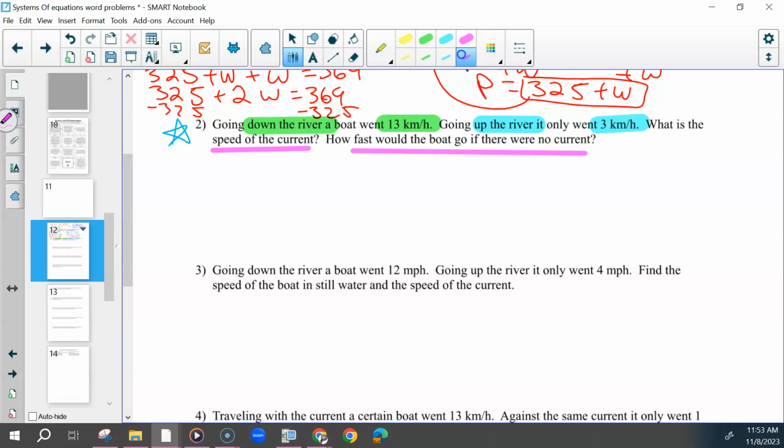So, just so we're all on the same page, when it's talking about the current, it's talking about the river. The flow of the river. So when it says the speed of the current, it's talking about the river's speed, or the current's speed. Either or, you can write that either or.